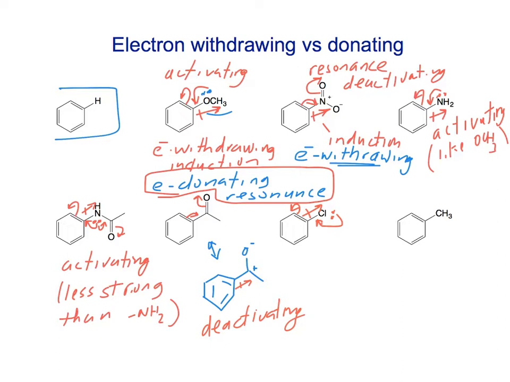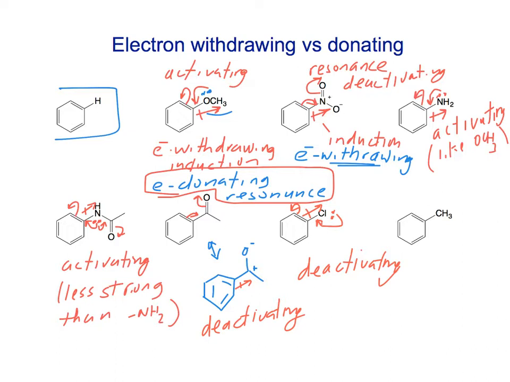Turns out that halogens, we'll talk about this a little bit more in a minute, end up being kind of a unique group. Okay? But based upon these things, the actual withdrawing is a little stronger, and so these are deactivating. Let's just put it that way. Even though they can withdraw, they can also donate some electron density. So in this case, we have these two conflicting effects.